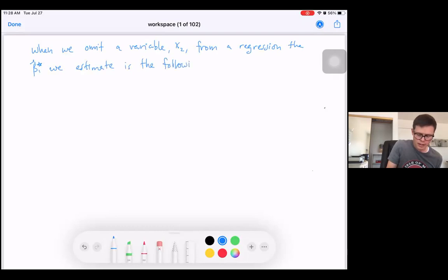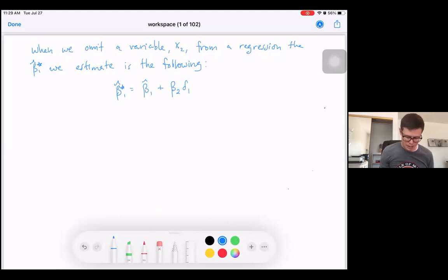So we derived this in class together, but it was that the beta star that we can estimate while omitting x2 is the true beta 1 we would have gotten if we had x2 in the regression, plus beta 2, plus, I'm sorry, not plus, times delta 1.